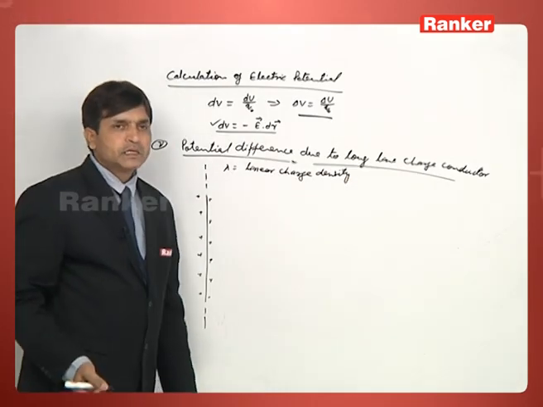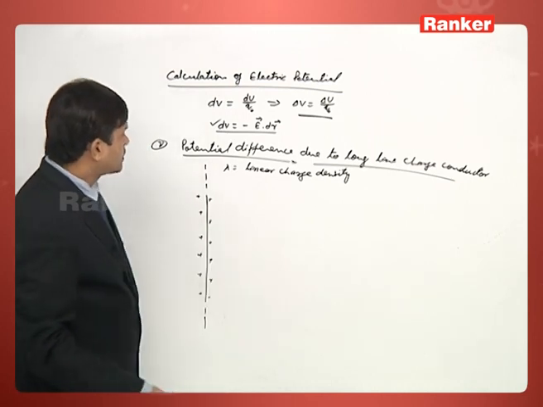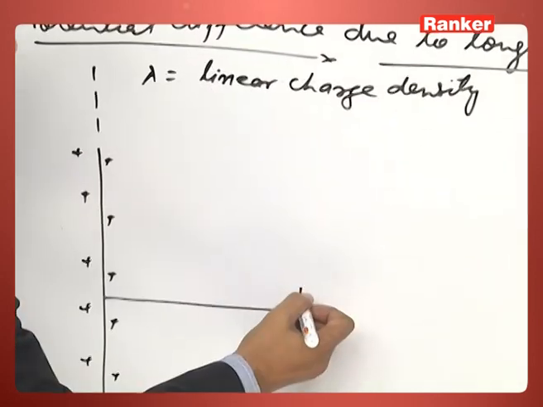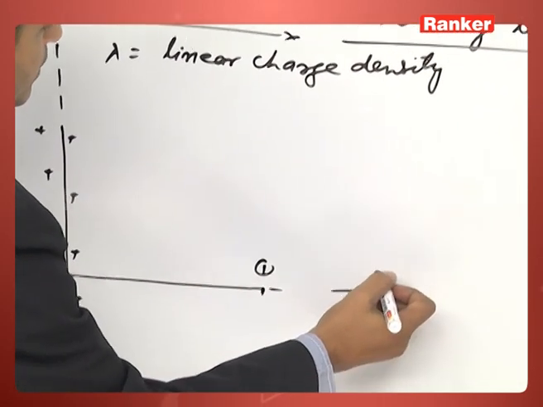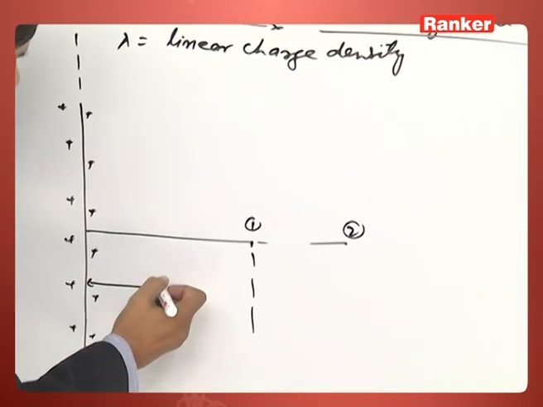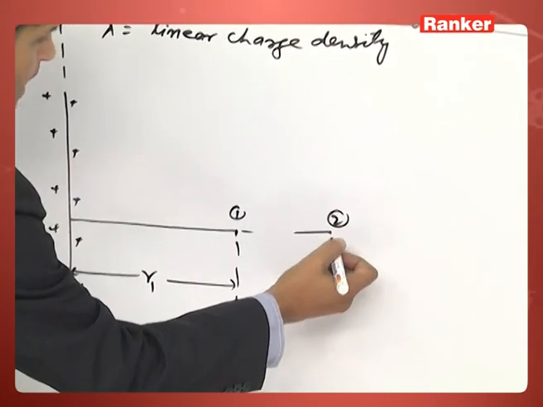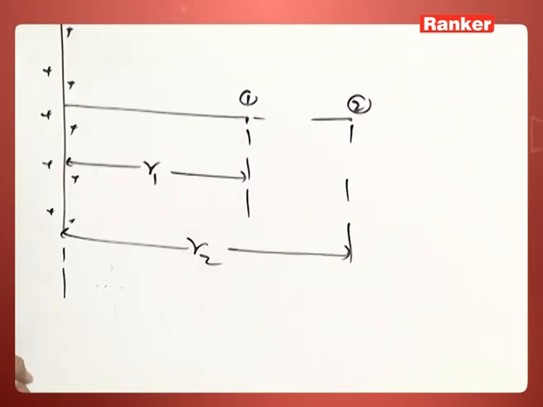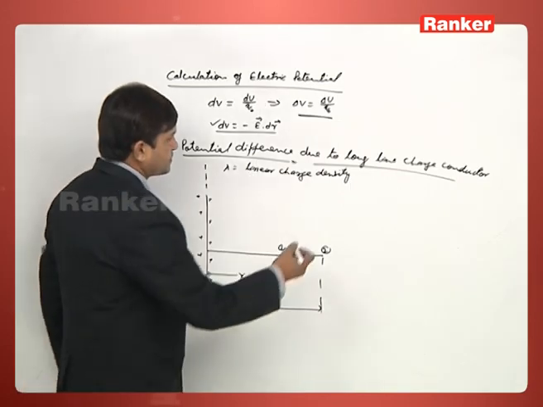Now due to this, if we want to find the potential difference between any 2 points, let point 1 and 2, if we want to calculate. Point 1 let at distance R1 and point 2 at a distance R2. So we are following this method.